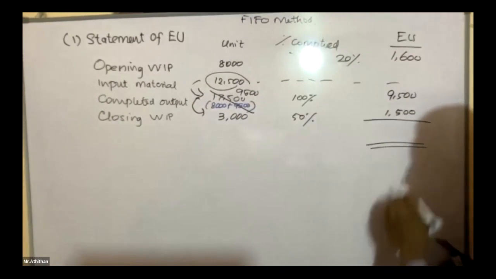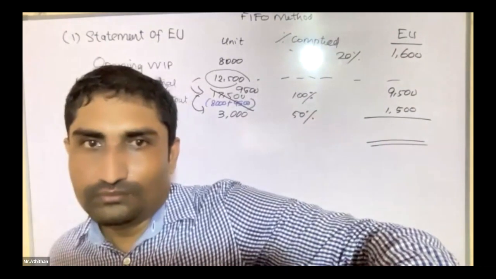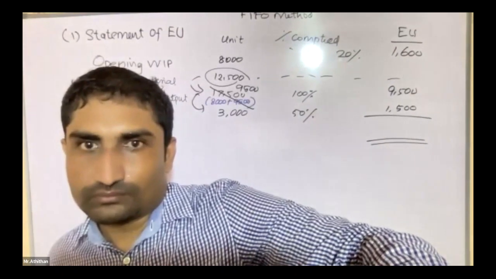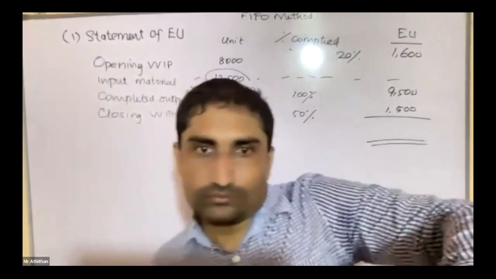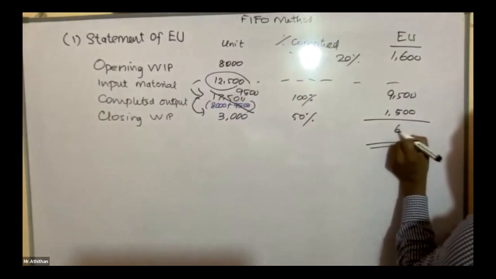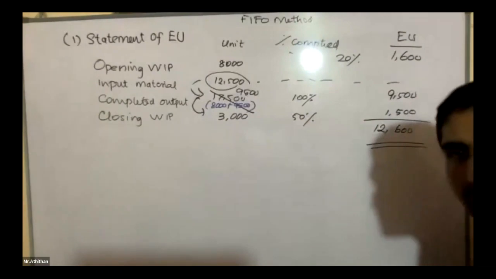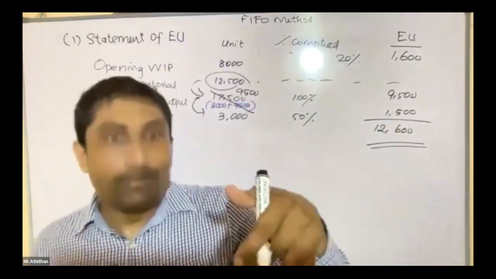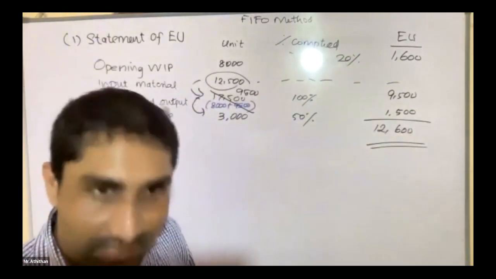So total is 12,600 equivalent units processed this time. இந்த மாதத்துல இந்த காலப்பகுதிக்கு நாங்கள் process பண்ணியிருக்கிறது 12,600.